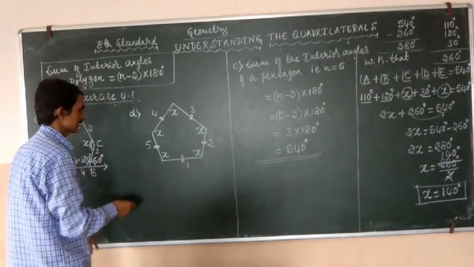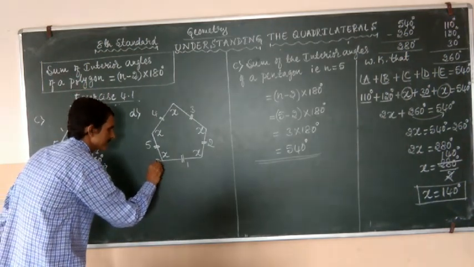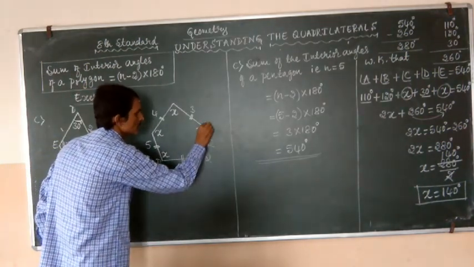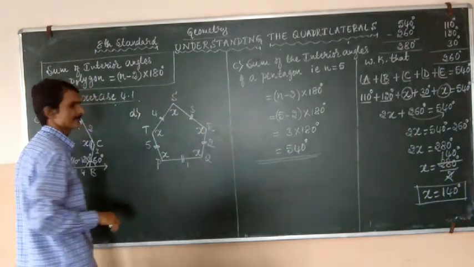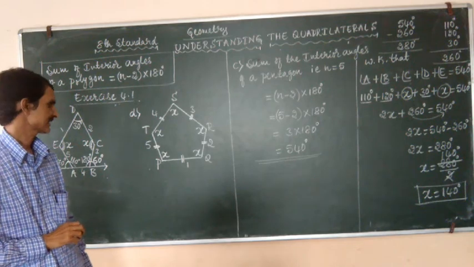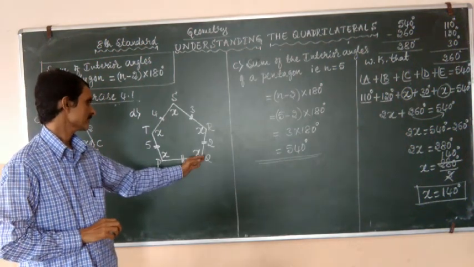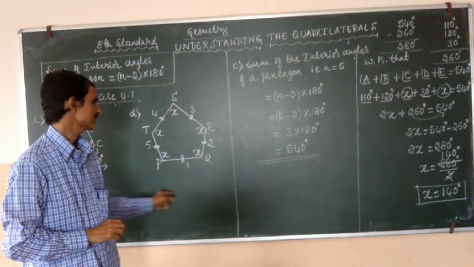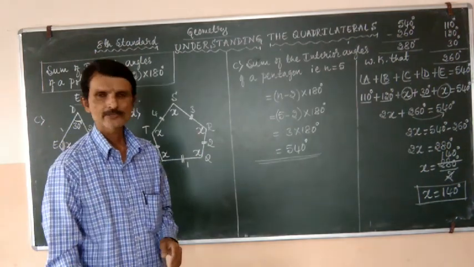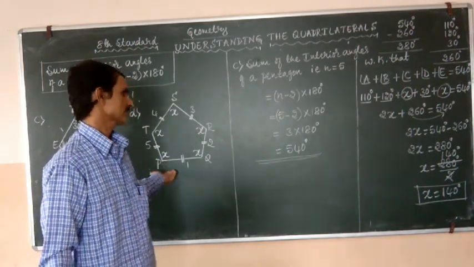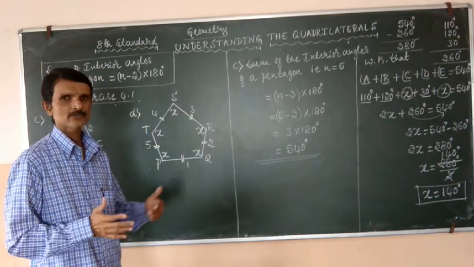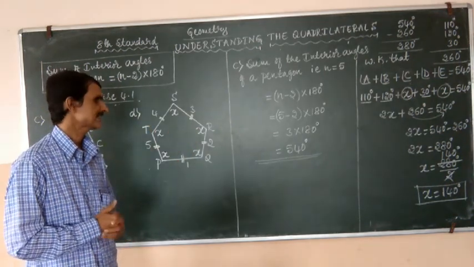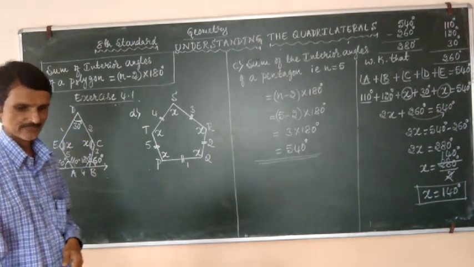You can name the vertices P, Q, R, S, T. By putting x to each angle, you will get the answer for each angle. You have to try this problem, students.